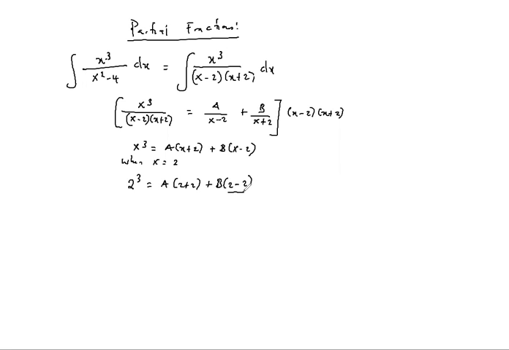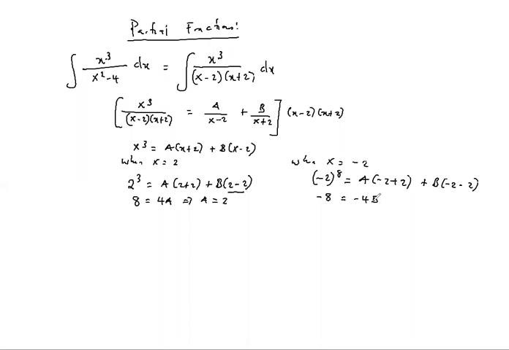Now this is 0. 2 plus 2 is 4. So we have 8 is 4A, so that A is 2. But when x is -2, we have -2 to the power 3 is A(-2 plus 2) plus B(-2 minus 2). So we have -8 is -4B, and this is going to give us B is equal to 2 as well.